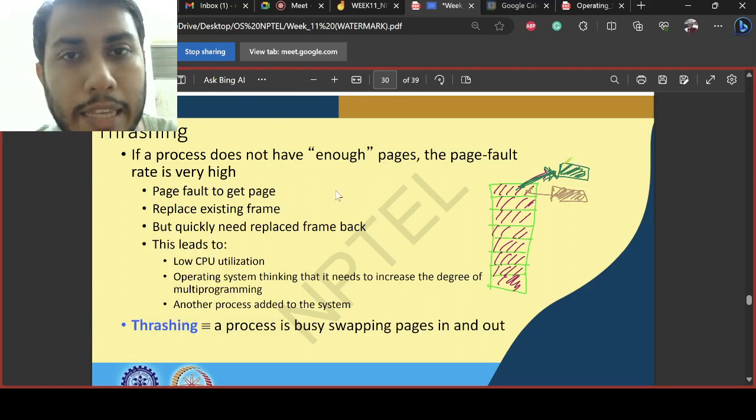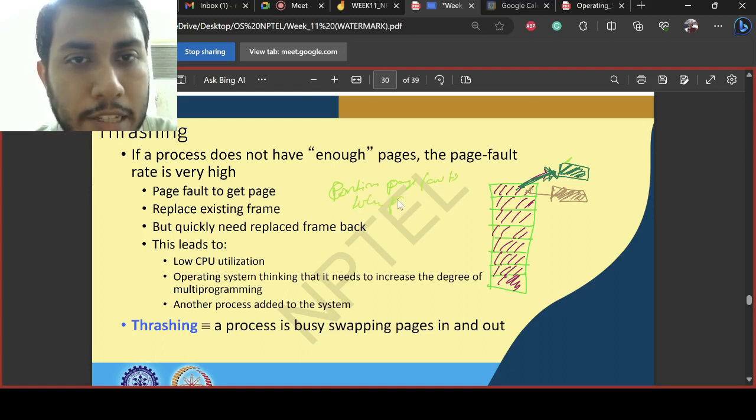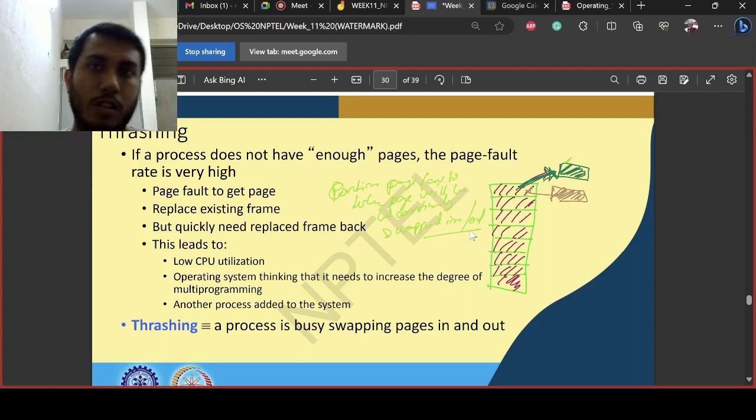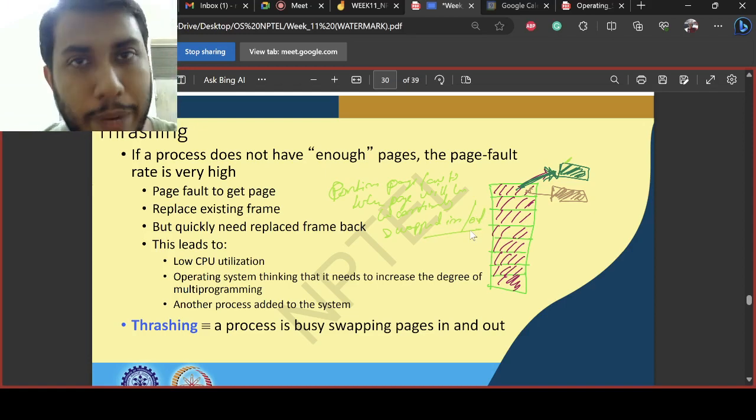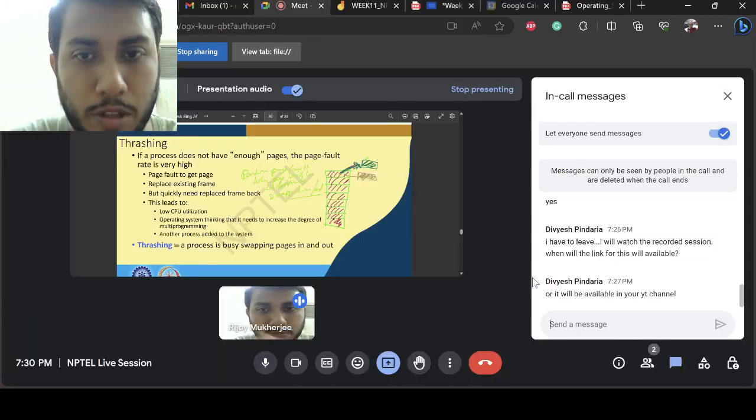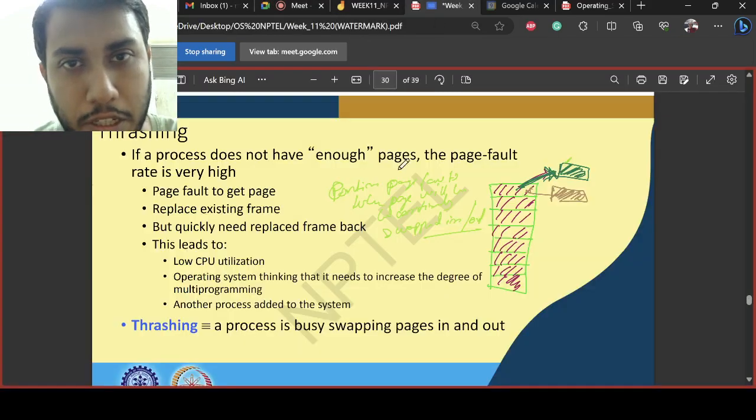So there will be a case of continuous page faults where pages will be continuously swapped in and out, in a continuous process. That is what is called thrashing.